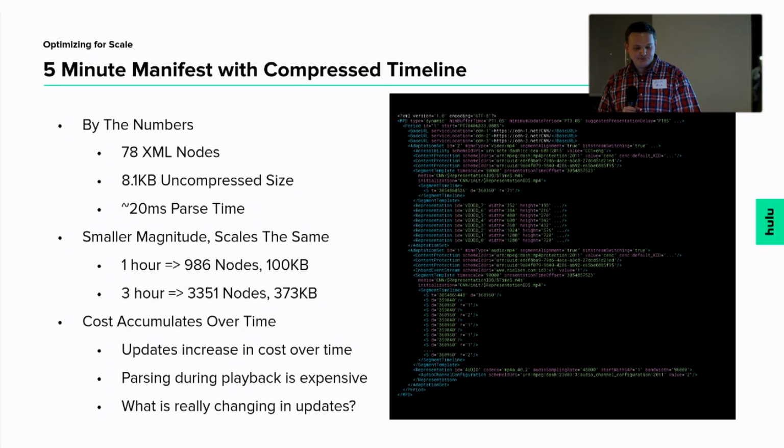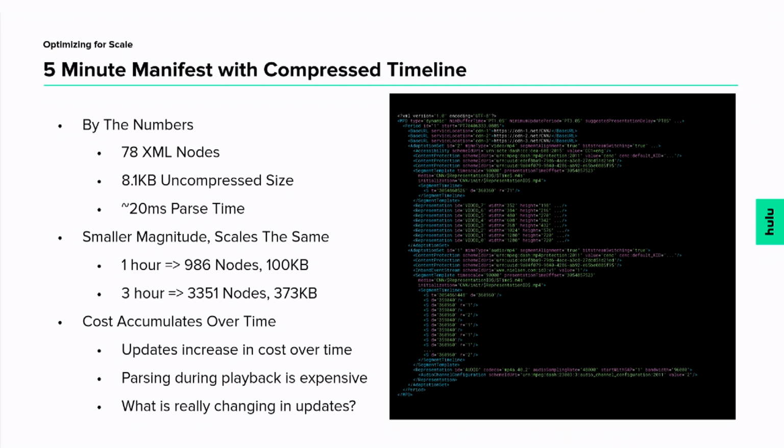If you apply that to that same 5-minute manifest, you can fit it on one slide if you make the font a little bit smaller to cheat. It goes from around 7,000 or 8,000 nodes to 78, which is great. 8.1 kilobytes uncompressed size and 20 millisecond parse time, and that's good. But it's just reducing the magnitude.